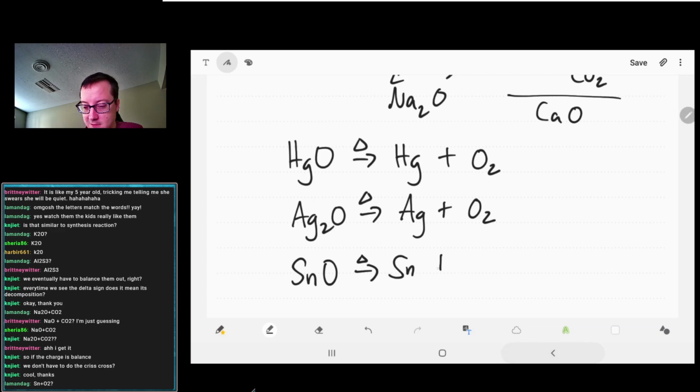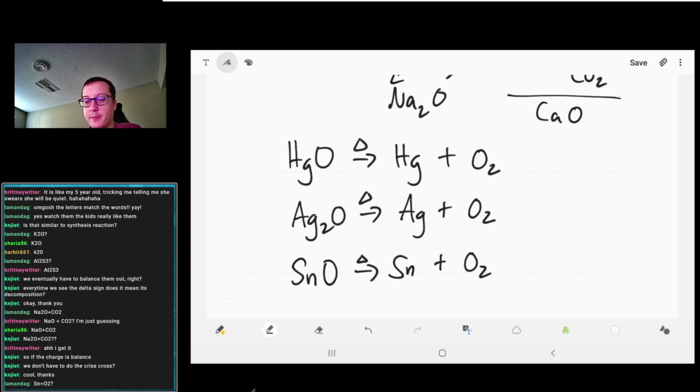Easy. Just break it apart. All we have to do. Remember, oxygen always is O2 when it's just by itself. That's just how it always occurs. And so you would just break this apart to form the metal by itself and oxygen. That's it. So there's our decomposition reactions.